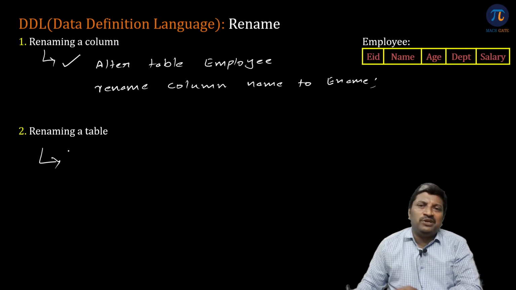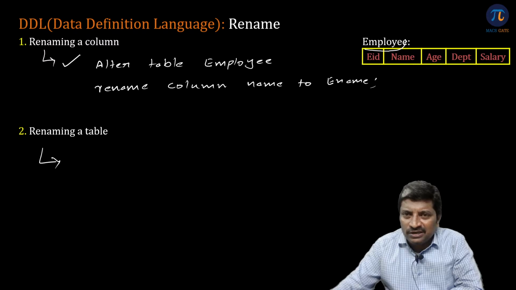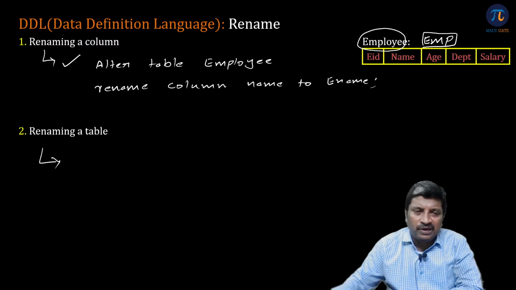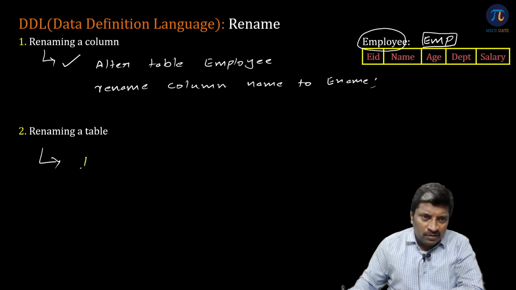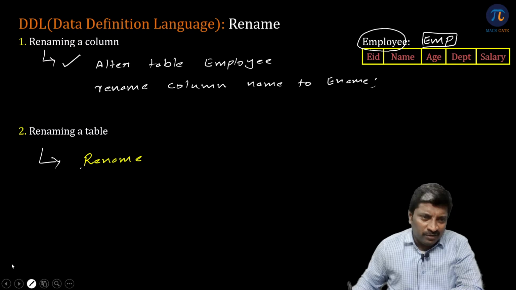Suppose I want to rename a table, something like this is employee. Now I want to give, instead of employee, I want to write simply M. Right? So then rename is the keyword, sir. What is the old table name?